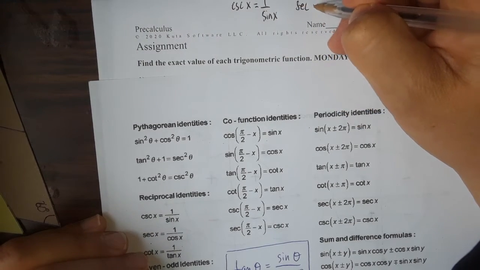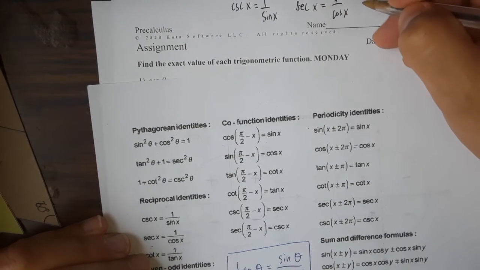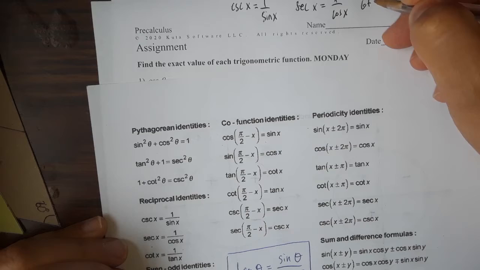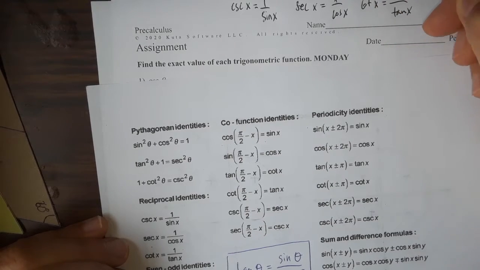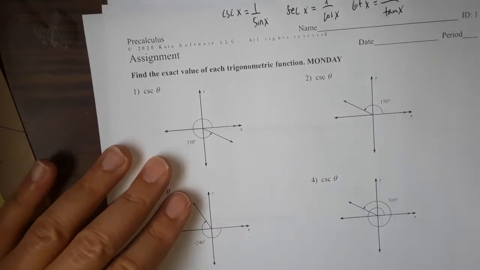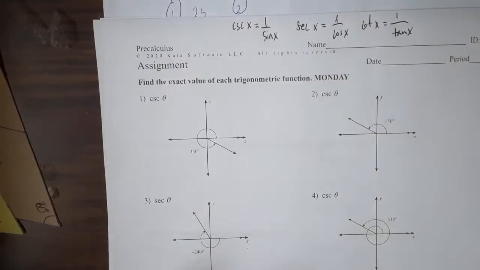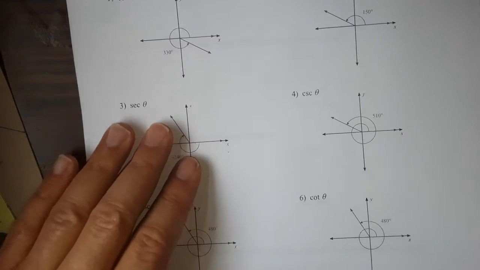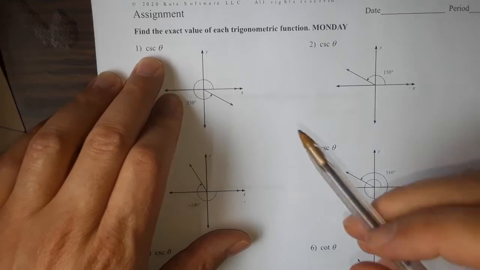Secant of x is 1 over cosine of x, and cotangent of x is 1 over tangent of x, right? Okay, once we have these definitions written, this is very simple.